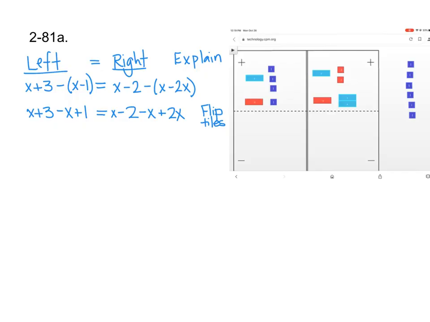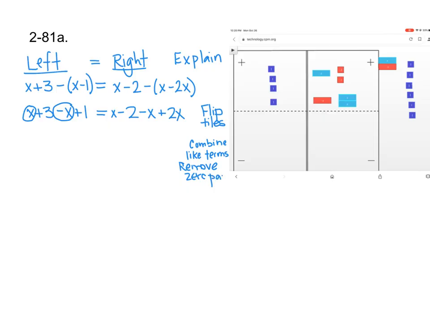Next, to simplify this equation, I am going to combine like terms by removing zero pairs. Remember, a zero pair is the same tile in the same region where one is positive and the other is negative. So on the left-hand side, I have a positive x and a negative x. Together, those equal 0, so I can remove that zero pair from the mat.